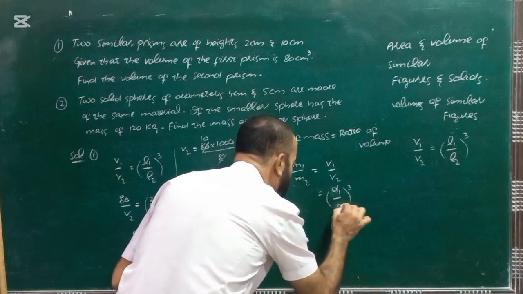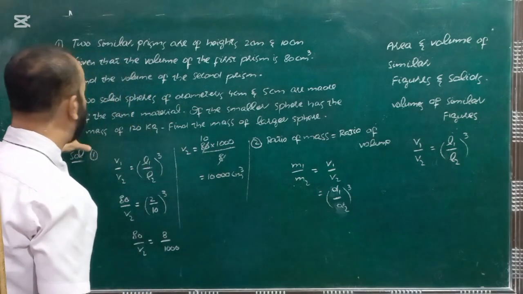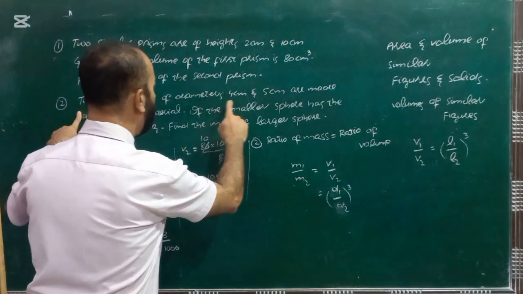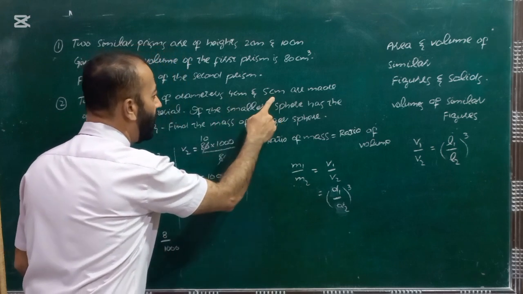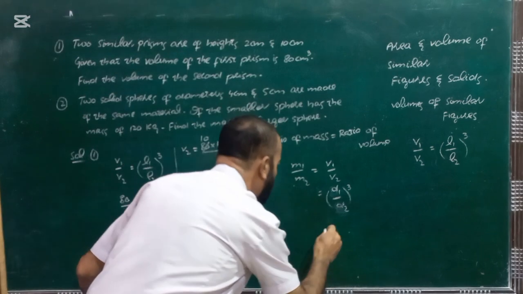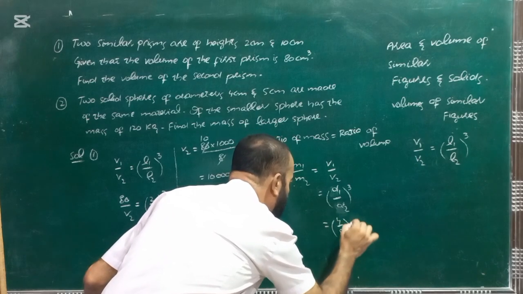So D1 over D2 whole cube. Okay, look now, two solids are having diameter 4 centimeter and 5 centimeters. So D1 is 4 and D2 is 5. So 4 over 5 cube.